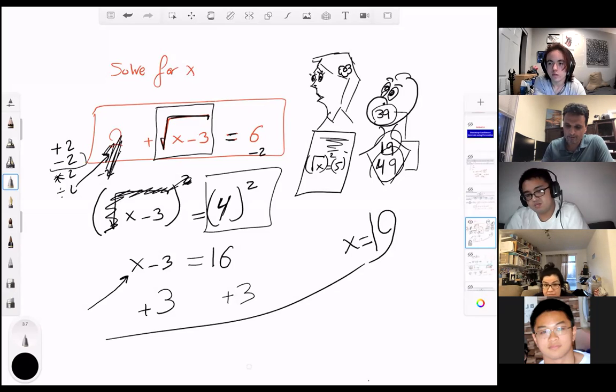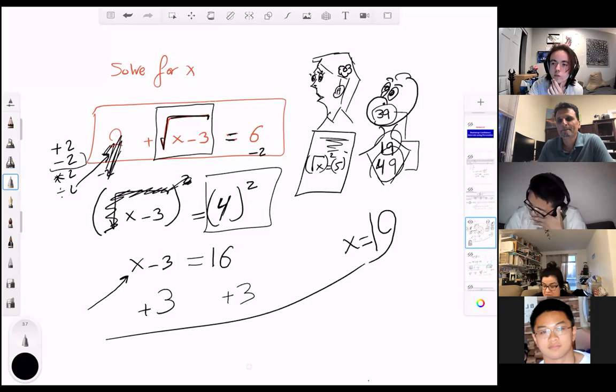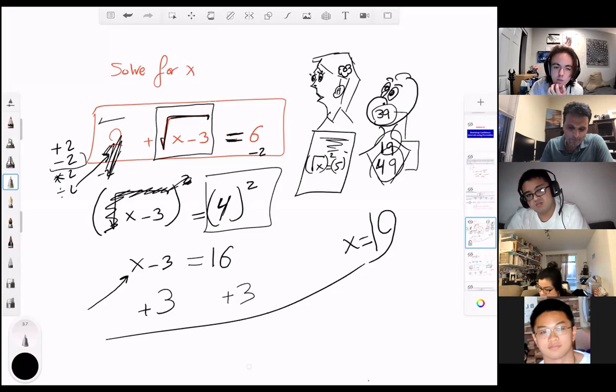So 19 was correct. At first I forgot to subtract the 2. I just got rid of the 2 on the left side. I forgot to change 6 to 4 after, and then that gave me 39. Yeah, if you see an equal sign, whatever you do here, you must do over there.